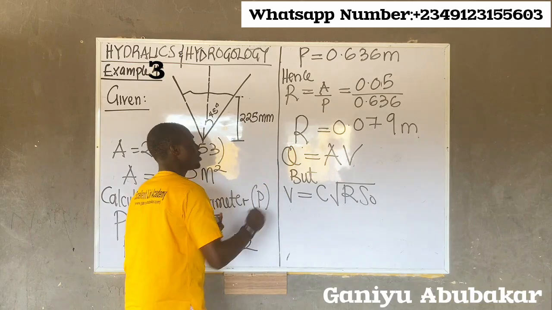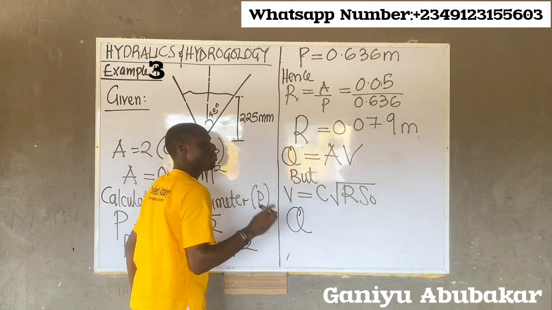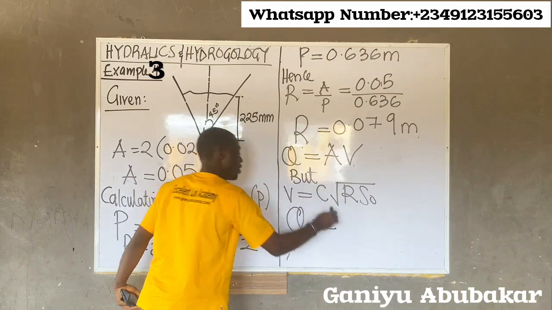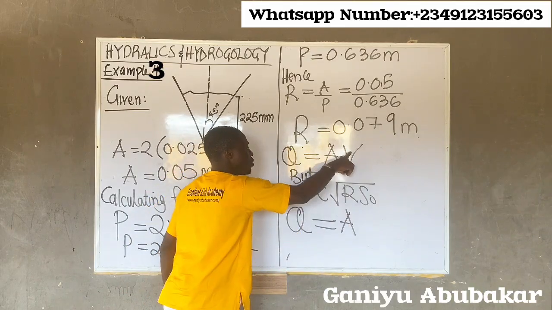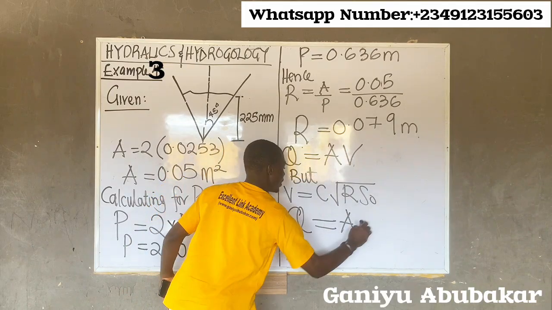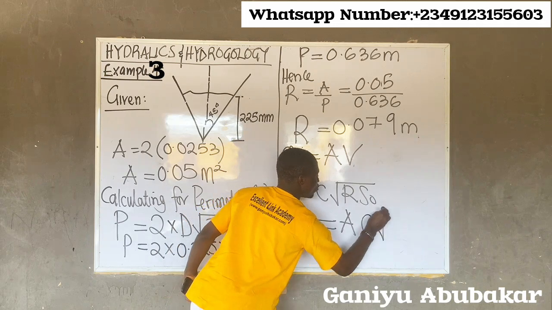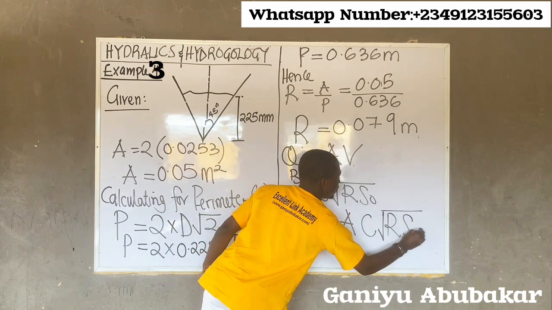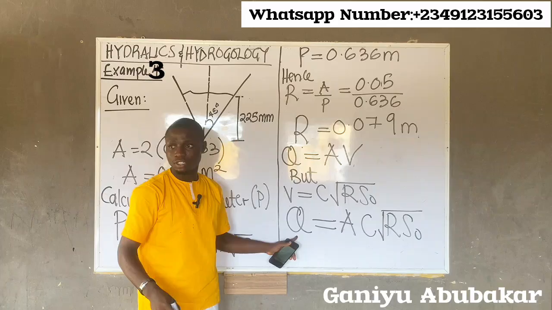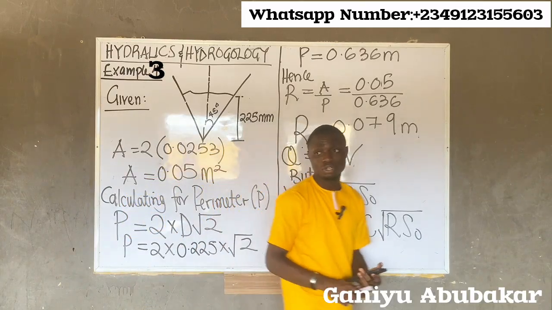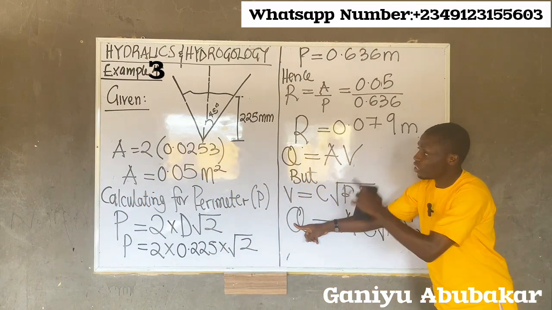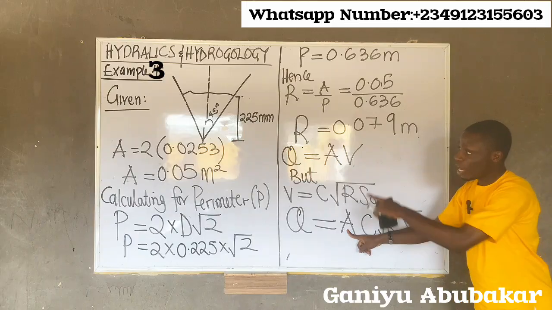I can say that discharge Q can be expressed as A times V, where V is C root R S naught. So I can use this formula to get my S naught too, because Q is given in the question, and A already.